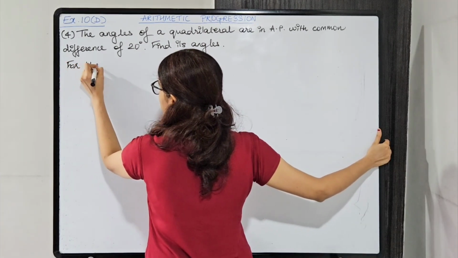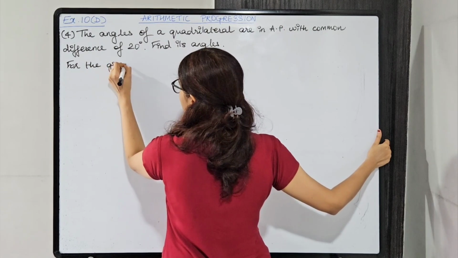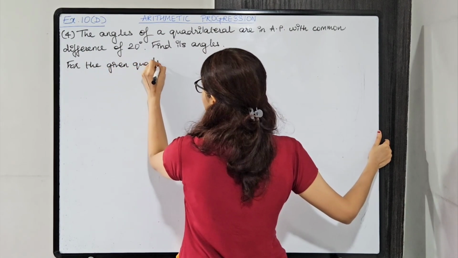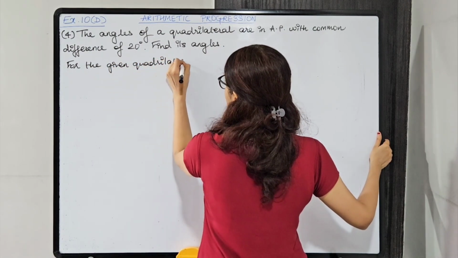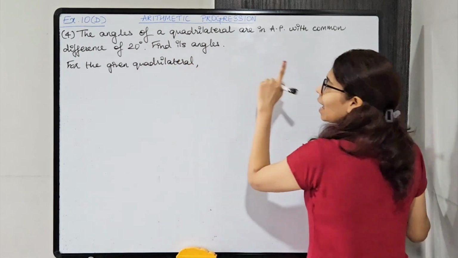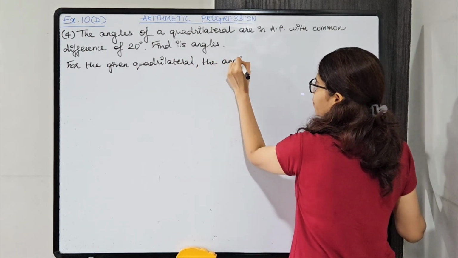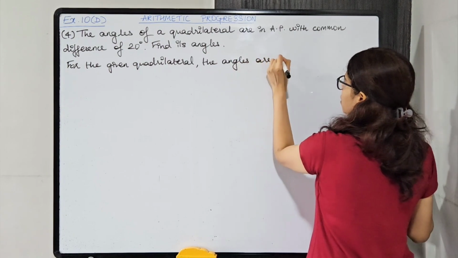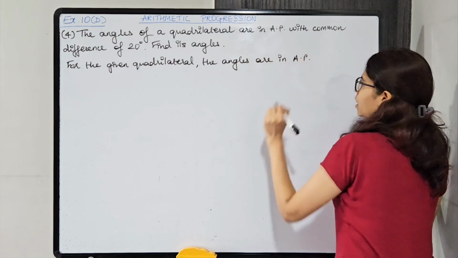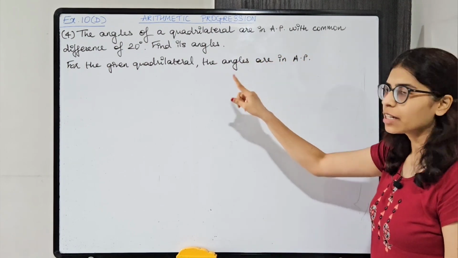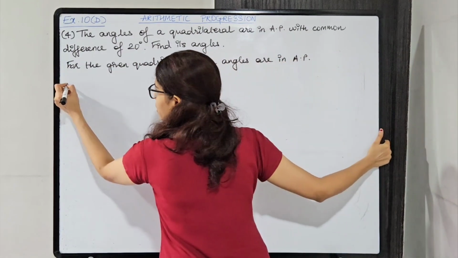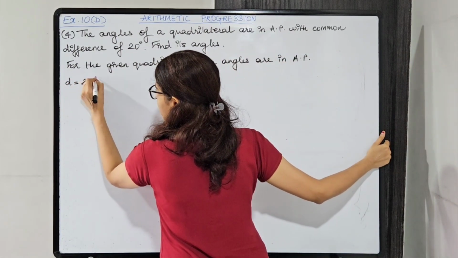For the given quadrilateral, the angles are in AP, so just write down the angles are in AP and common difference is 20 degrees. So write down D is 20 degrees.